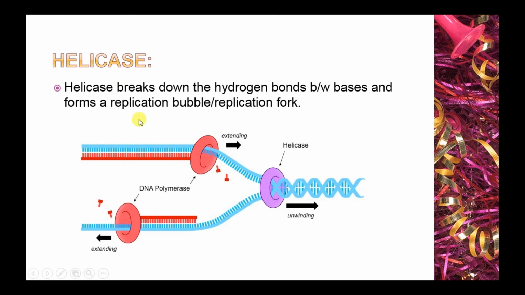After breaking those hydrogen bonds, the result we get is two parental strands forming a replication fork. Okay, this is helicase, and these are two parental strands of DNA that are forming the replication fork.